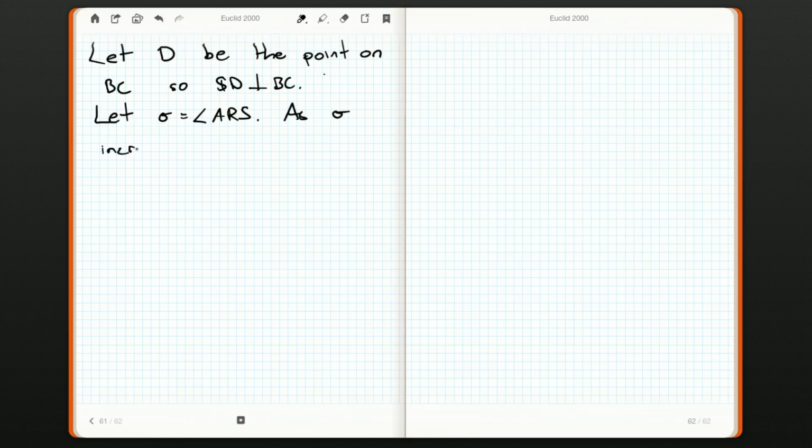As sigma increases, our square changes, and S moves, as per the question.